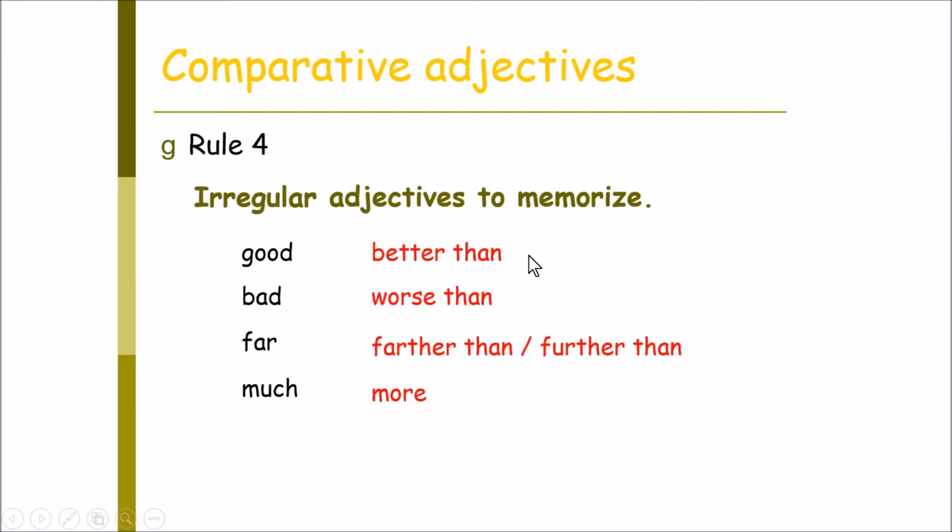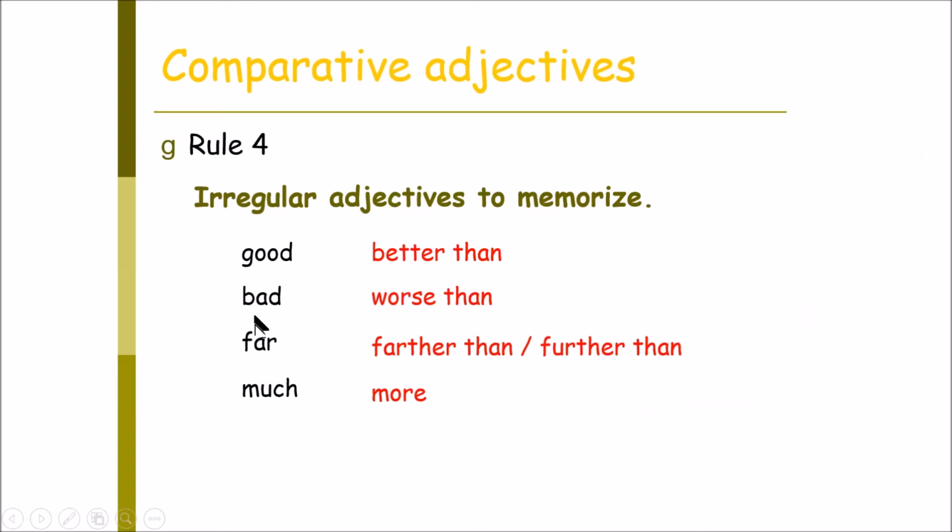Rule number four, more than a rule, this is like an exception to all the rules, because we have here the irregular adjectives that you have to memorize. So we have good, bad, far, and much. The comparative form of good is better than.